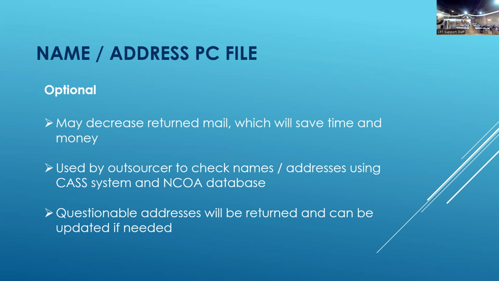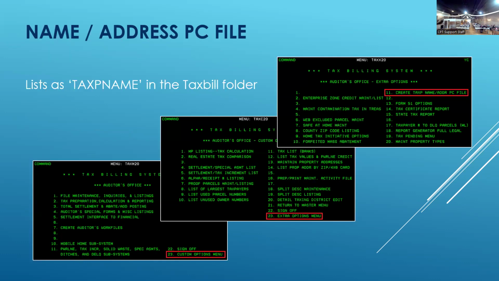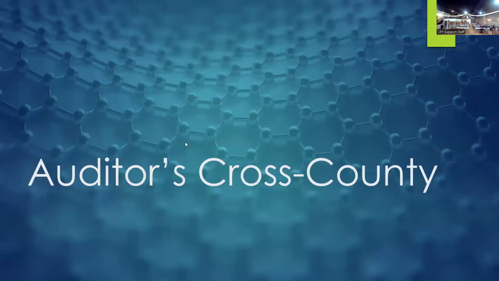And to run that listing, again, tax in 23 again for your extra options, and taking option 11 will print your taxpayer name and address, and then it generates in your tax bill folder. So that's all I have.